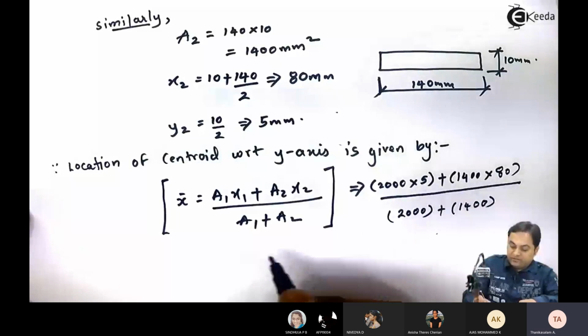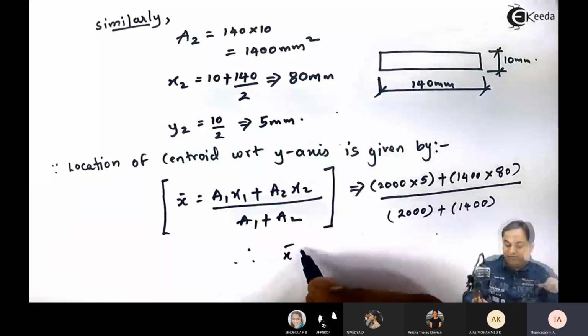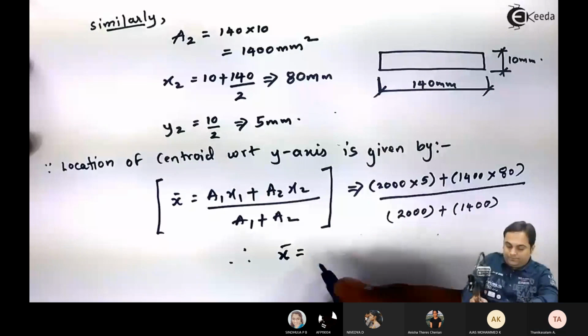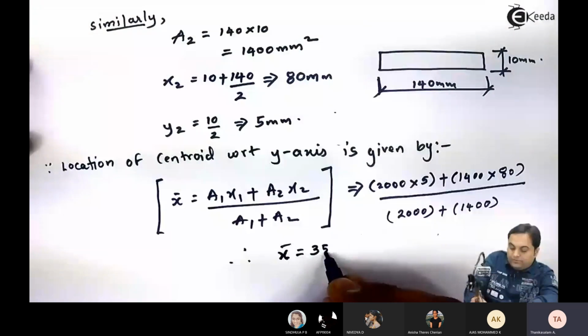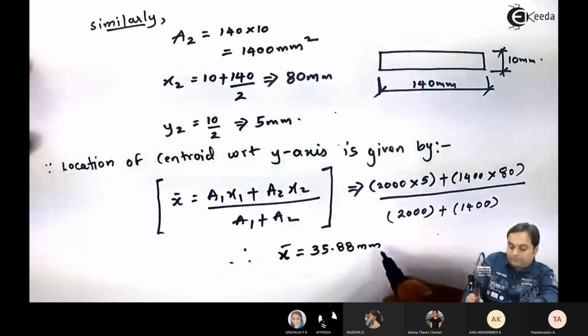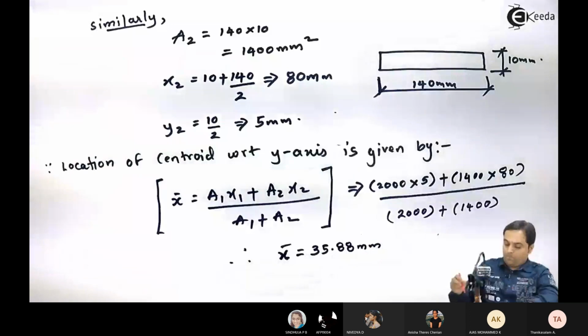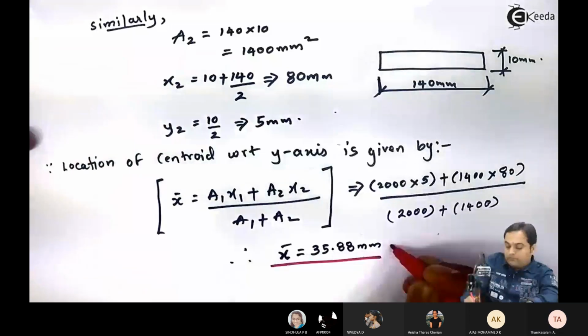From this if I calculate, I will get the value of x bar. So x bar is equal to 35.883 mm. My first answer.